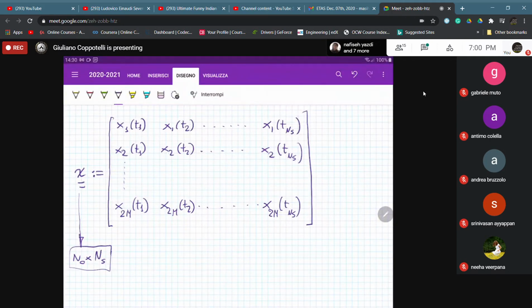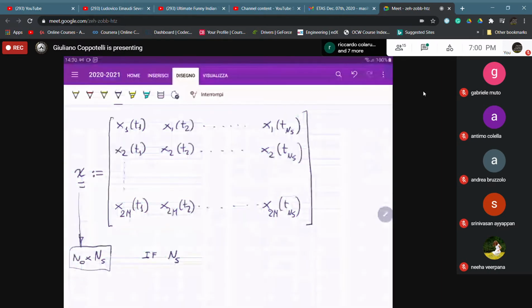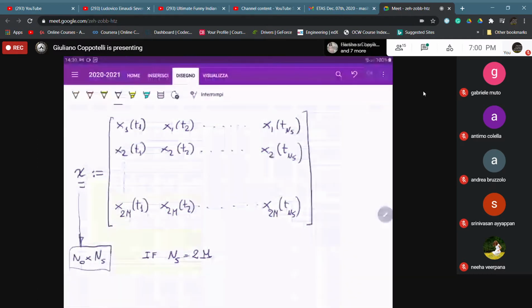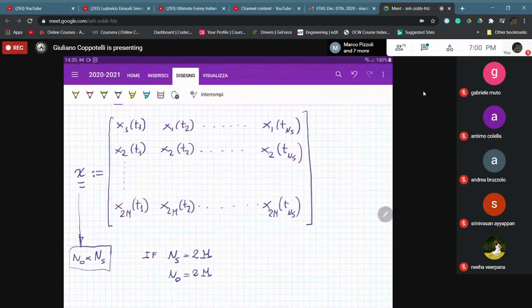So if we are setting the number of sampling points that are used to build this matrix equal to 2m, that is the order of your system, and if you are considering that your number of output points is 2m once again, then your chi matrix is a real matrix whose dimensions are 2m times 2m.